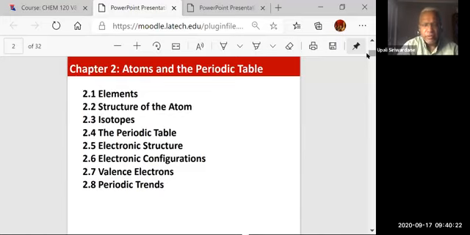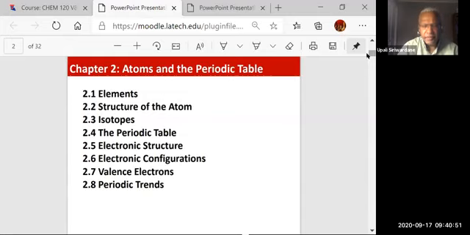So we want to look at the periodic table in detail. The periodic table is basically the structure of the atom. It gives enough information about chemical properties, reactivity, and electronic configuration, and provides the pattern for bonding, ionic bonding, covalent bonding. So electronic configuration is important.